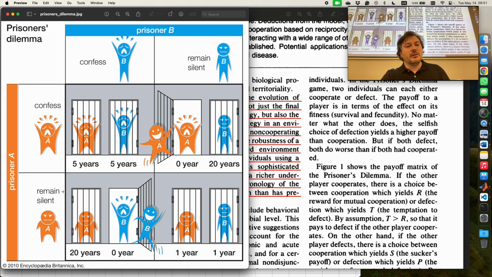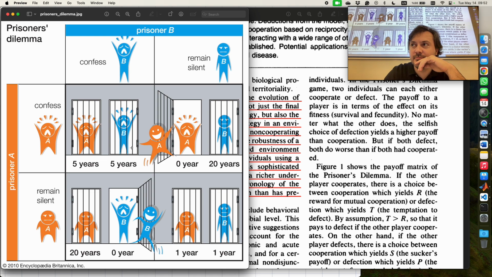Now, if we look from prisoner A's perspective, they know the game, by the way. They know what will happen in each case. So they say, okay, if I don't confess and he confesses, I get 20 years.